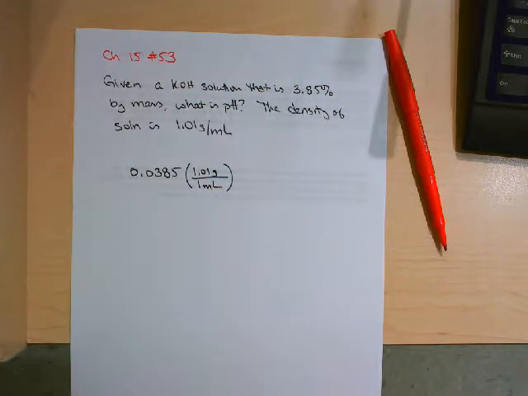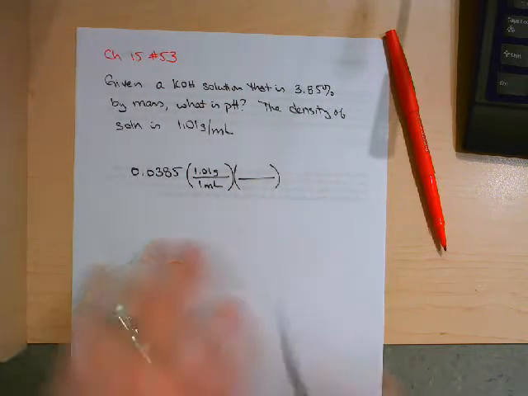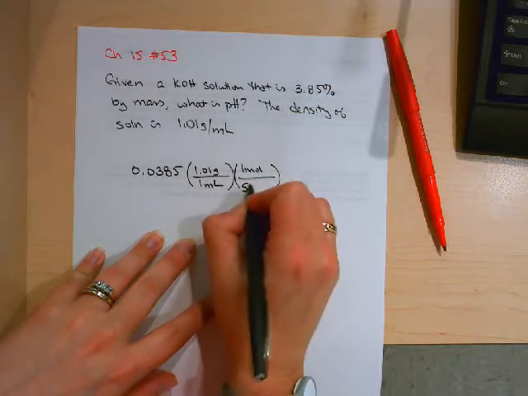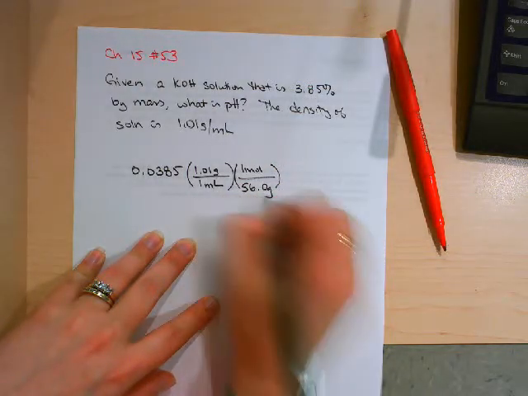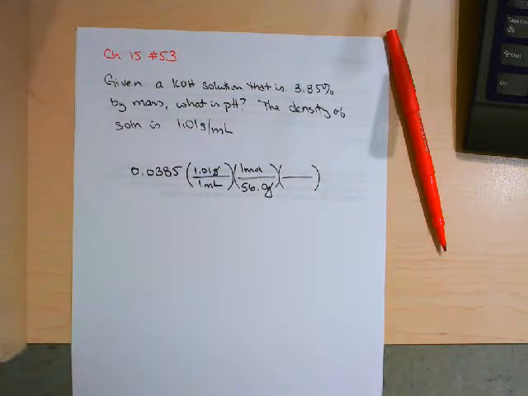If I want to end up in moles, what do I have to figure out about KOH? Its molecular weight, right? Because if I'm in grams and I want to figure out moles, 1 mole... how close are we to molarity?